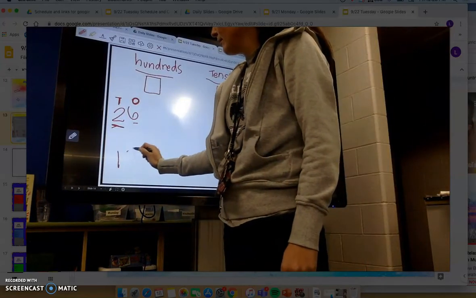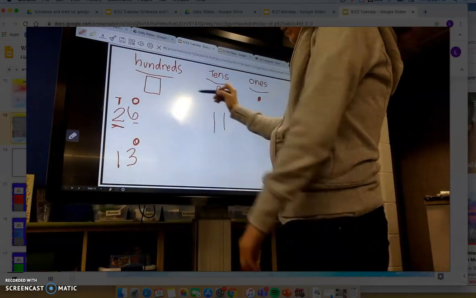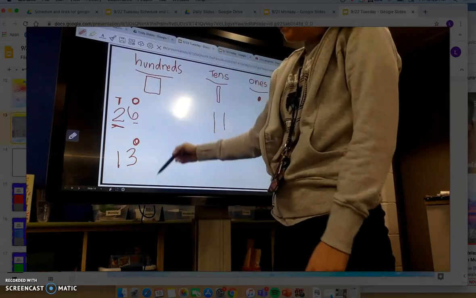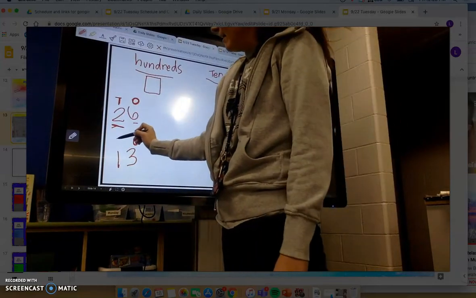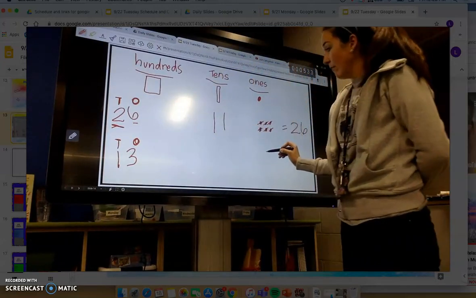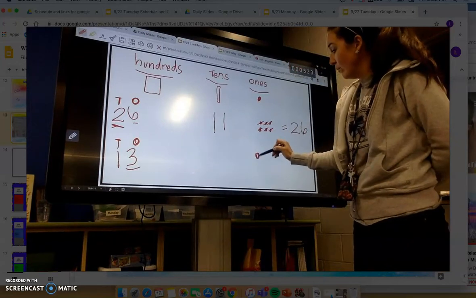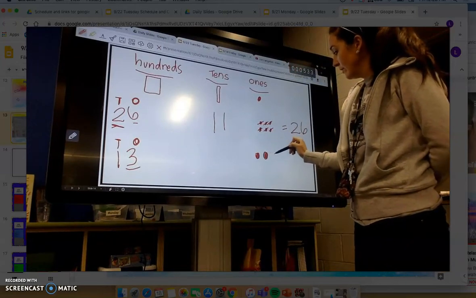Let's try another one. Let's do the number 13. Again, the one closest to the right is our ones column. They're like the babies. You got to start with them first. And then your next column over is your tens. So how many ones do I have? I'll write it in my ones column. There's a 3 there. So I've got to draw 3. 1, 2, 3.